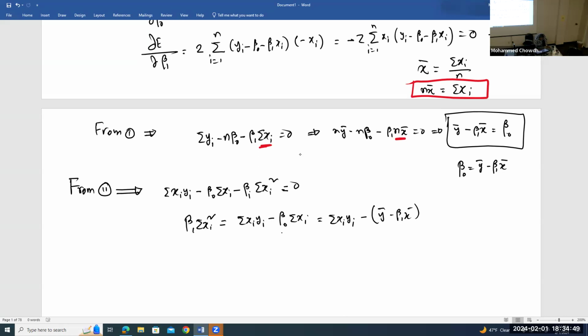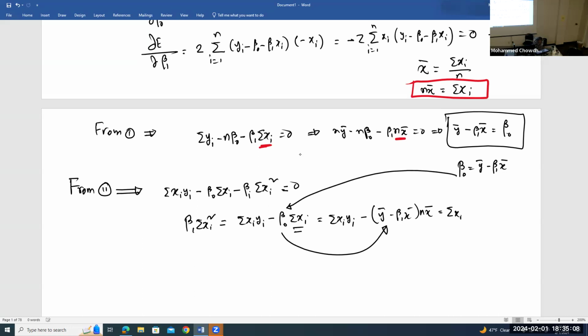I plug it in there. And then I can write here n x bar. After writing these things, what can I get?